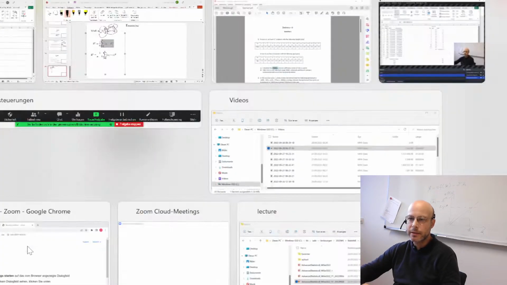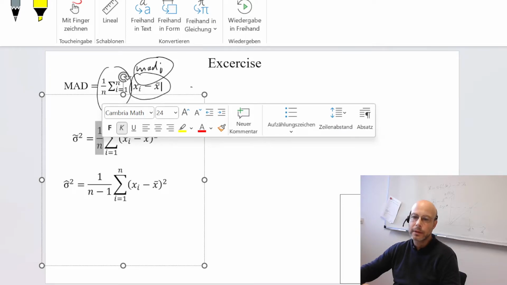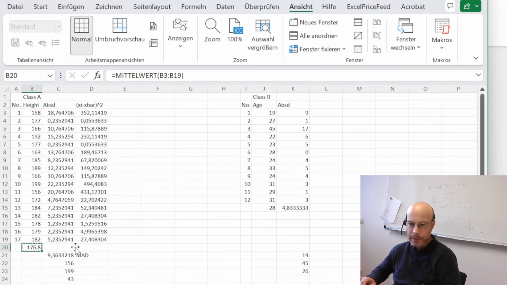And after this, we just divide this by n. So we have again to calculate the arithmetic mean of these numbers.